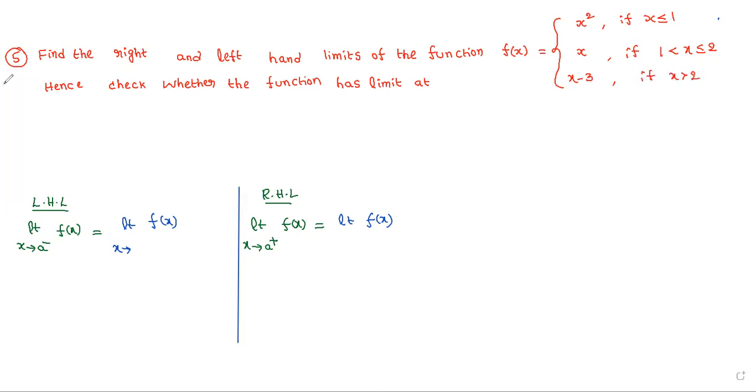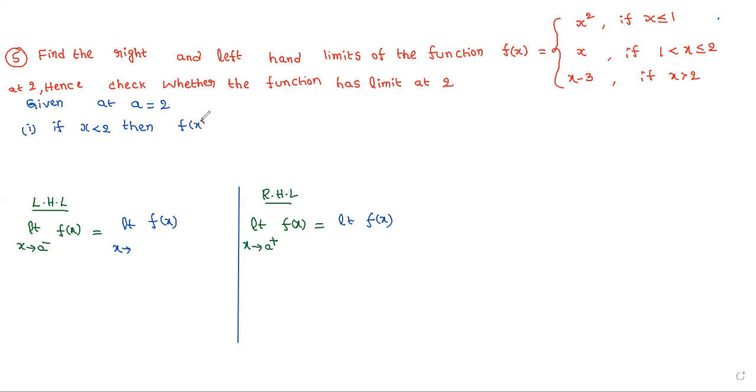The condition is at 2. Hence, check whether the function has a limit at 2. There are two conditions. The first condition: if x is less than 2, then f of x is equal to x.